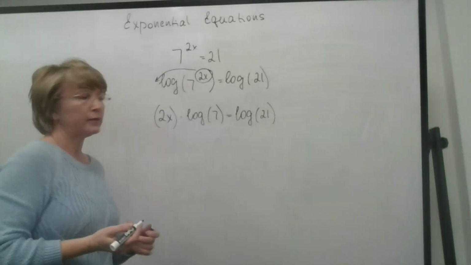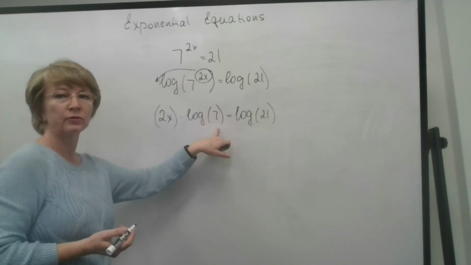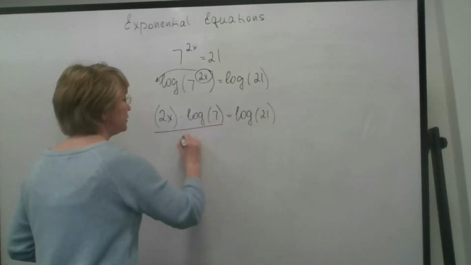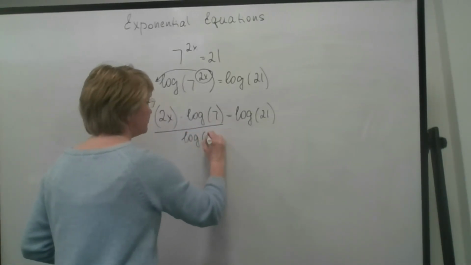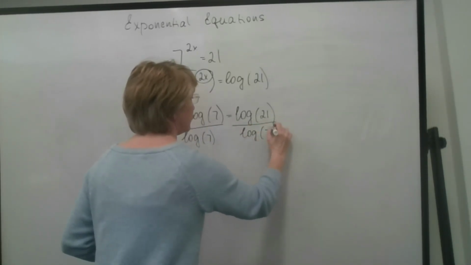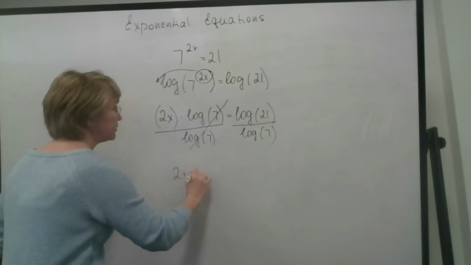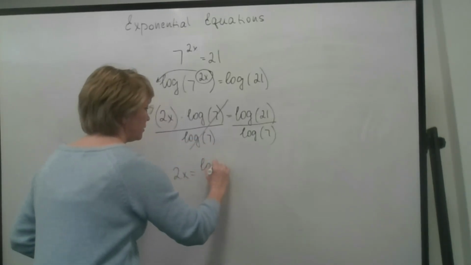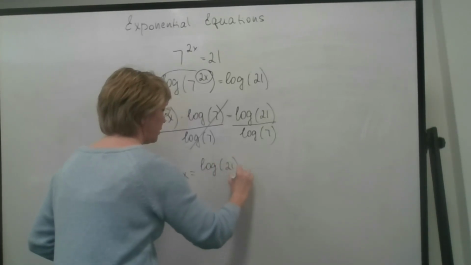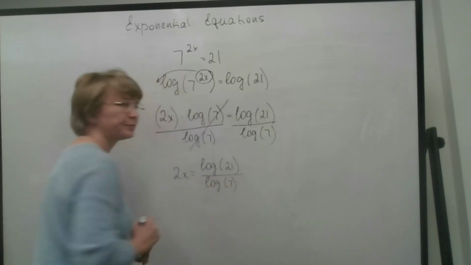You know already that the logarithm of 7 is a number that you can calculate on a calculator. So we will divide by logarithm of 7. We will have 2x is equal to logarithm of 21 over logarithm of 7.